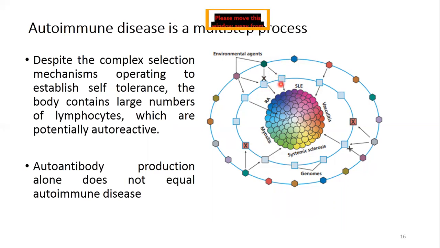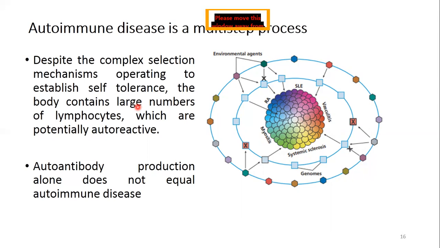So there should be genetic susceptibility. In addition to that, they need other triggers. For example, an environmental agent, as we talked about, could be a bacterium, virus, toxin, metals, and so on. So when these all exist, then it may lead to the process of autoimmunity.